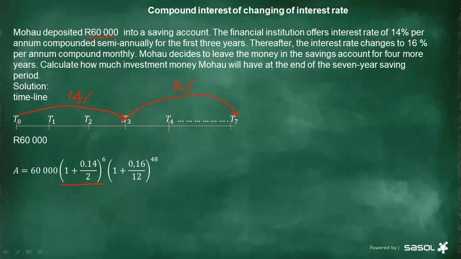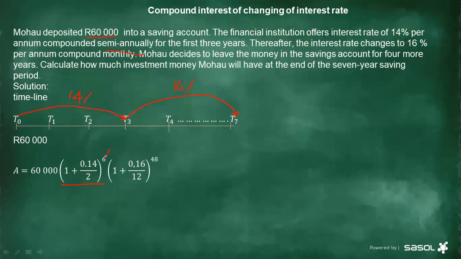Because the interest is not the same, we have to get the interest first. So it's 0.14 over 2. Why 2? Because it was compounded semi-annually, and we agreed earlier that semi-annually is 2, so we divide by 2, and then it's 3 years. 3 times 2 is 6. Hence we have 6 here.